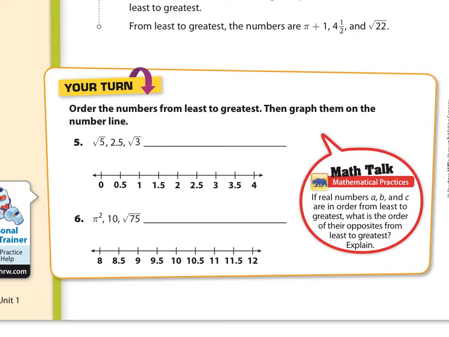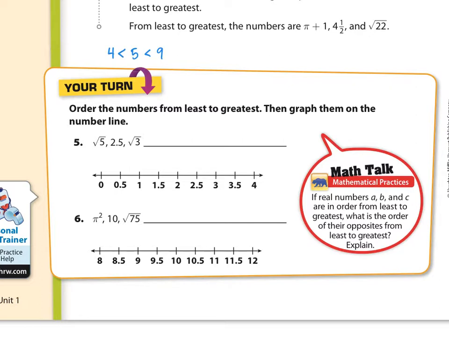So the square root of 5, I want to figure out what the square root of 5 is about equal to. So I'm going to work on it here near the top. 5 is not a perfect square, but it is in between 4 and 9. Right? 4 and 9 are my perfect squares.